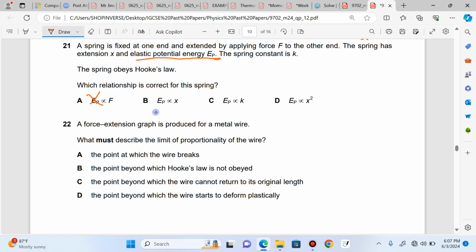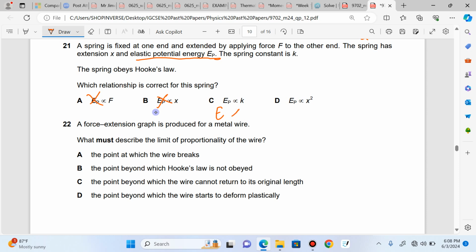Let's see, elastic potential energy stored in the spring is proportional to X. Well, that is not good enough because elastic potential energy is half kx squared. So it's not proportional to X, it's proportional to X squared. So this is also not good. The third one, elastic potential energy is proportional to spring constant.